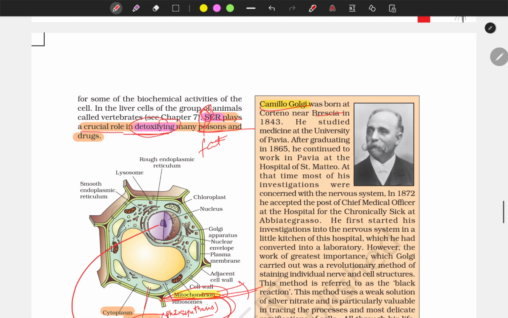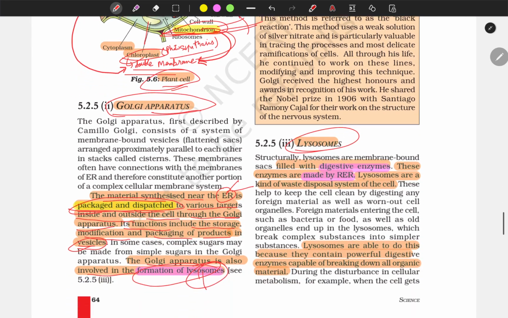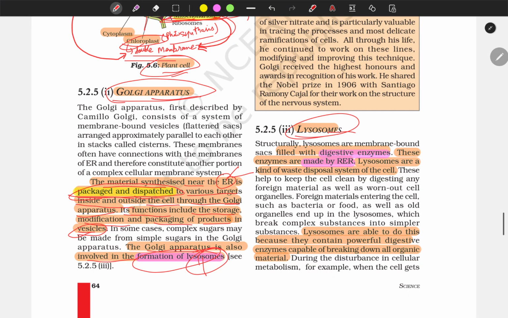This was the person who made this discovery. Lysosomes are filled with digestive enzymes. These enzymes are made by the rough endoplasmic reticulum.